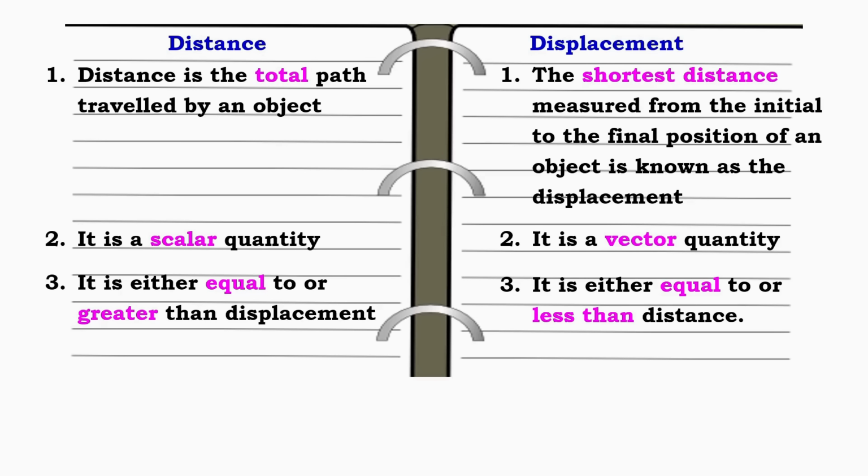An important point to remember is that in straight line motion, distance and displacement are equal because the actual path and the shortest path are the same. So, to summarize, distance tells us how much path is covered. Displacement tells us how far and in which direction the object has moved.